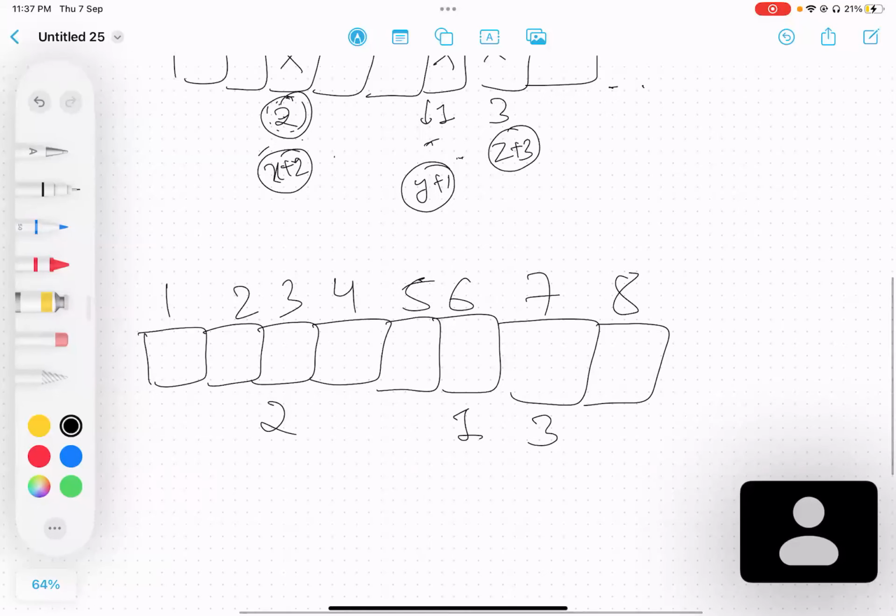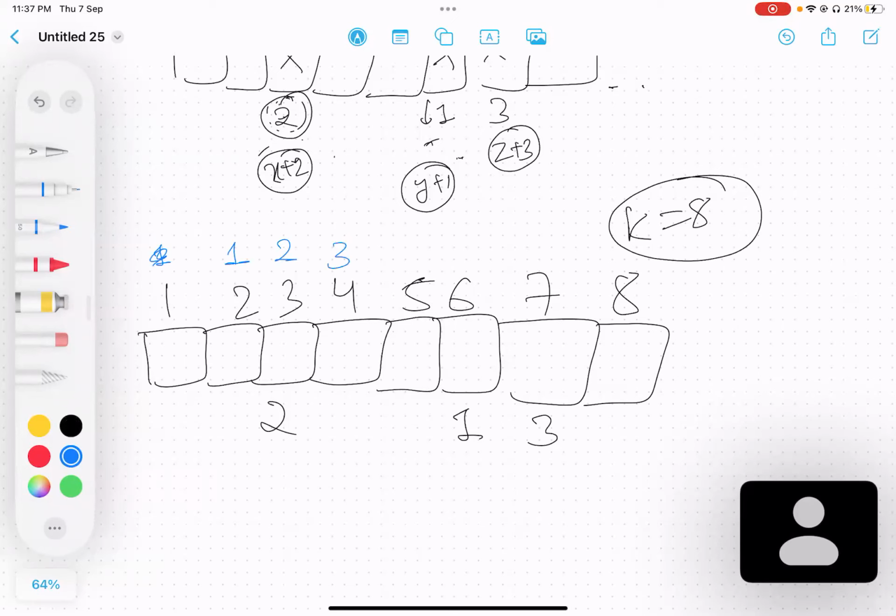So what the question is saying, let's say if I decide to take K as 8. Now, in that case, what will happen is, I start from 1, so I will reach here at 1 second, then I will reach here at 2 seconds, then I will reach here at 3 seconds, 4, 5, 6, 7 seconds, right?